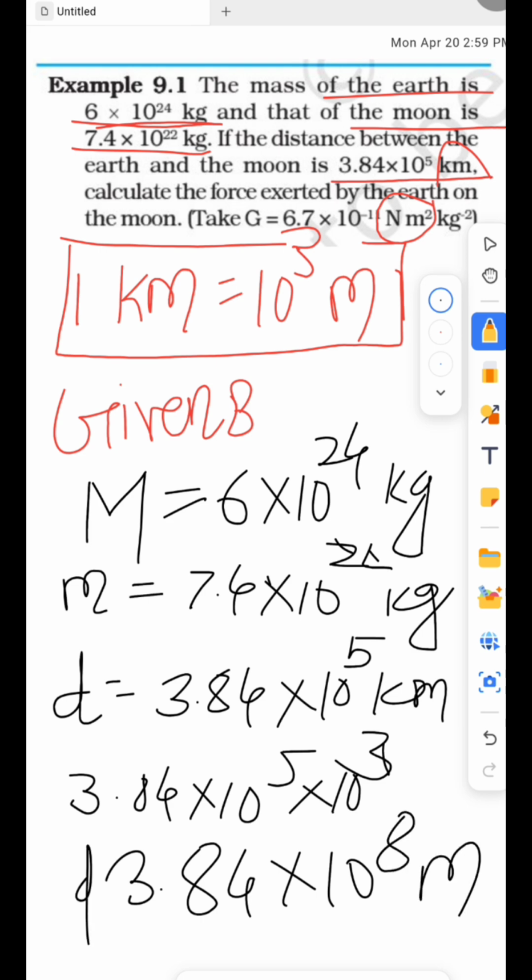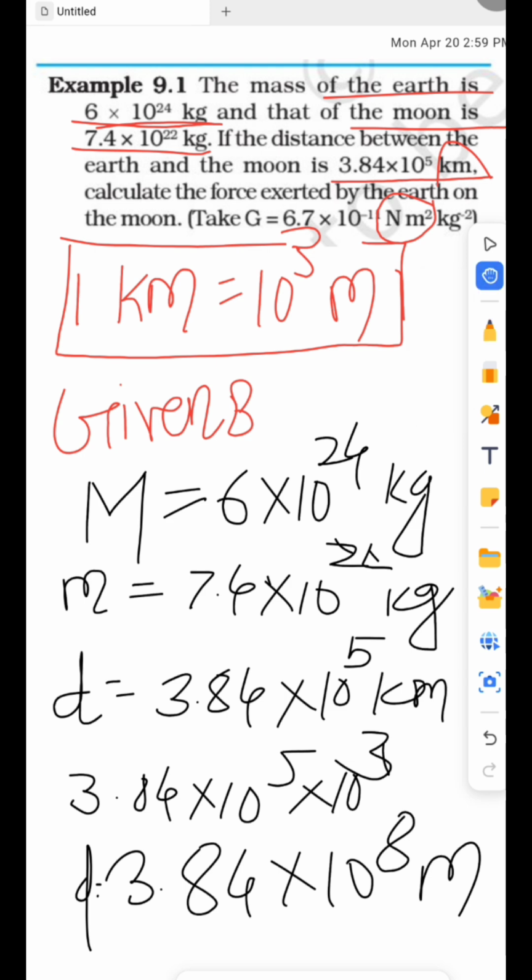So we got the distance also. We have the mass of earth, 6 into 10 to the power 24 kg, the mass of moon, 7.4 into 10 to the power 22 kg, and the distance between them, 3.84 into 10 to the power 8 meter.